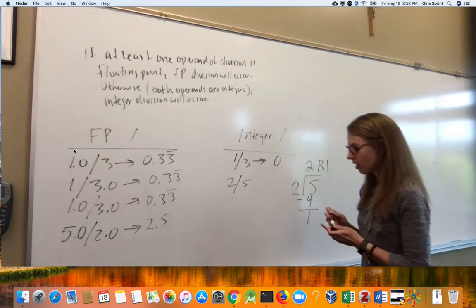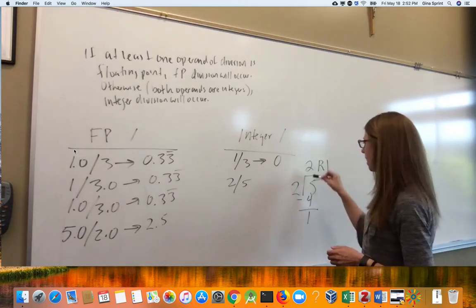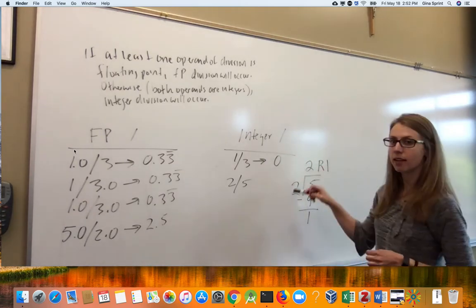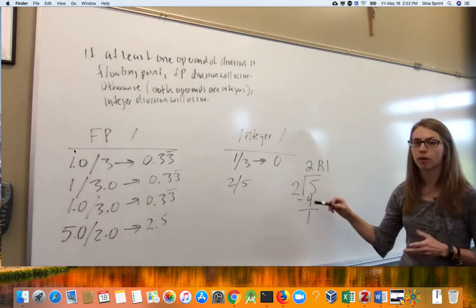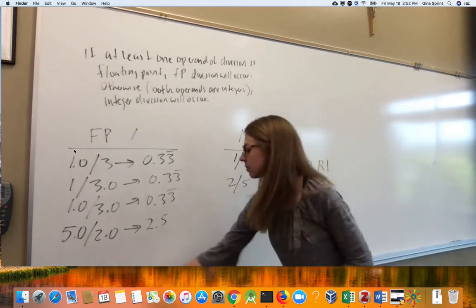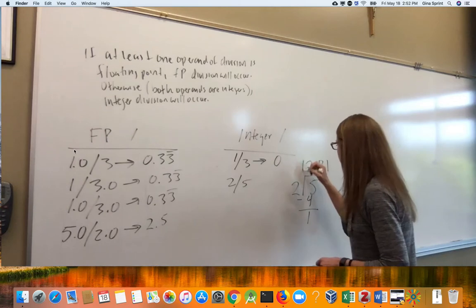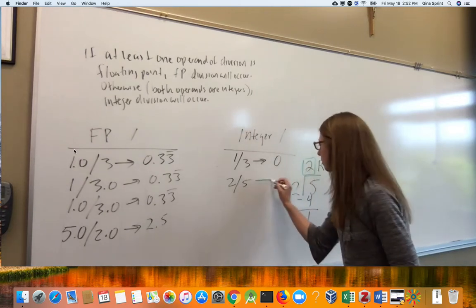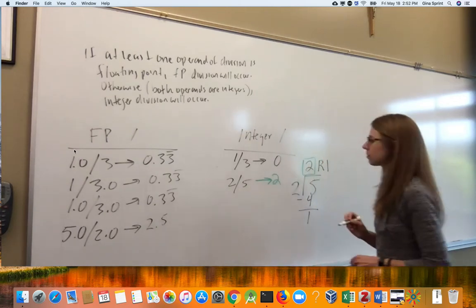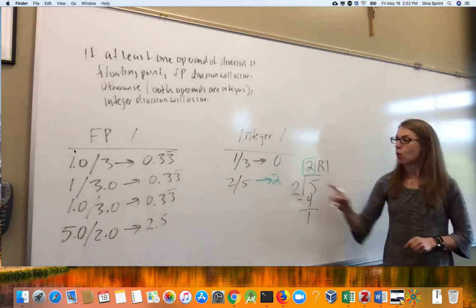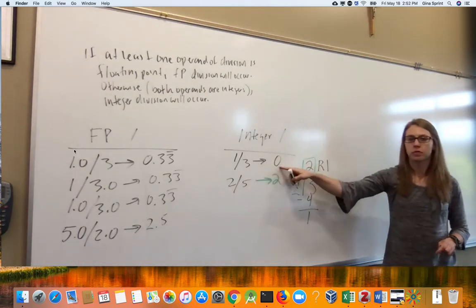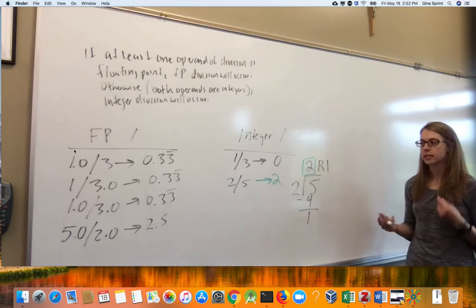Now, the result of integer division is the number of times that this operand goes into this operand evenly. One does not go into 3 evenly, therefore 1 integer divided 3 is 0.